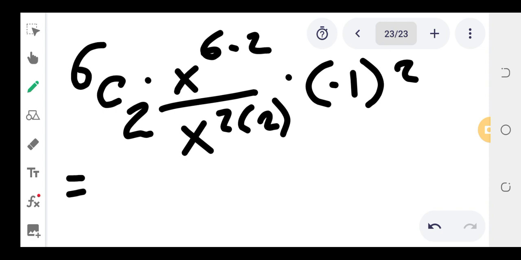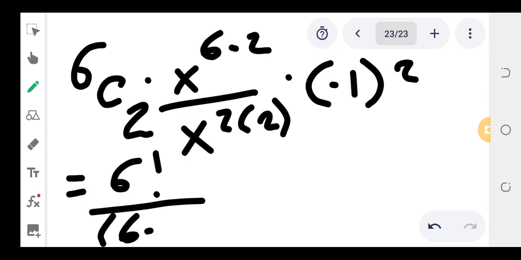So we know that 6 choose 2 is the same as 6 factorial divided by 6 minus 2 factorial, then 2 factorial, multiplied by, we know that 6 minus 2 is 4. Then here 2 times 2 again is 4.